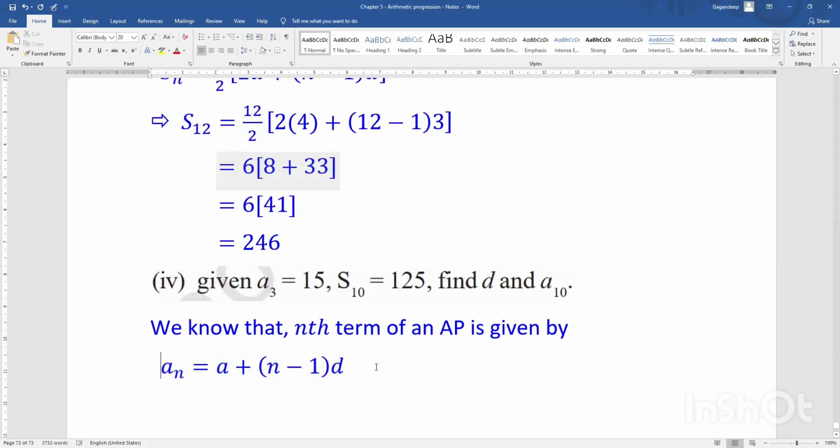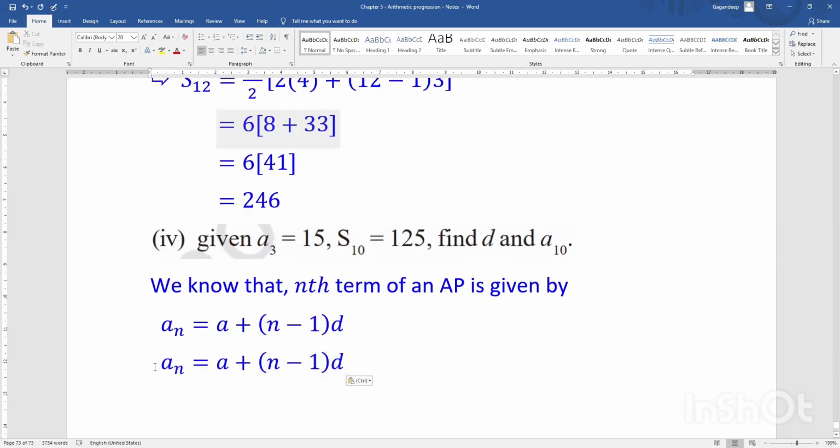In my next step, I'm going to write A3. Again, I take the same formula here. I'll show you the substitution. A3 equals A plus, here n, I'm going to write as 3 minus 1 into D. A3 value is 15, right?